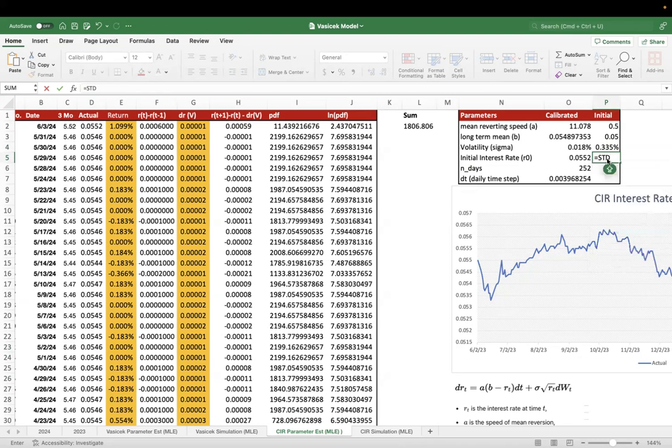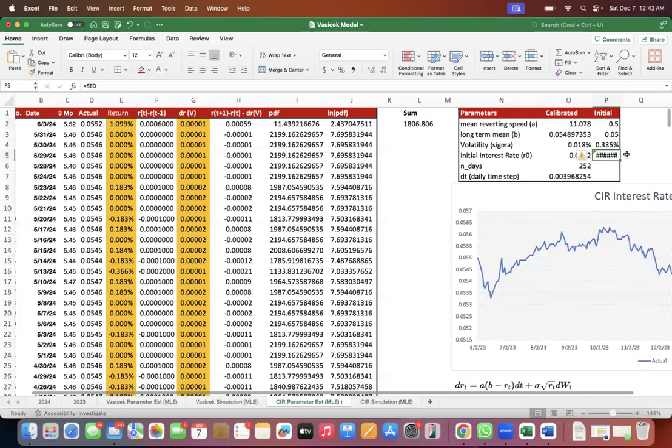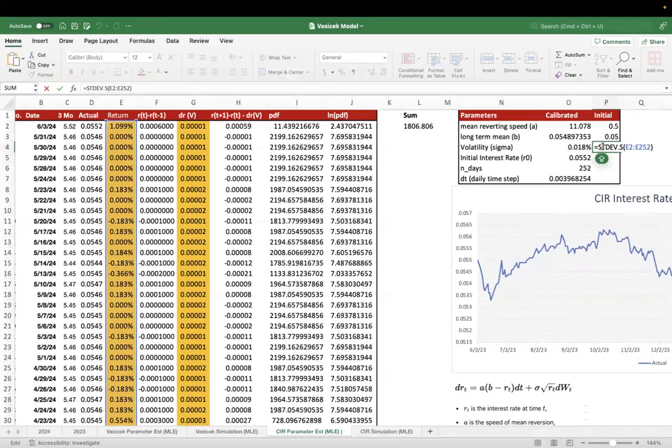What is the difference between population and sample? Population means everything, but we have just considered 1 year of data, and that's why it's a sample. So we use the sample formula, STDEV.S, and give these returns to get the volatility piece.